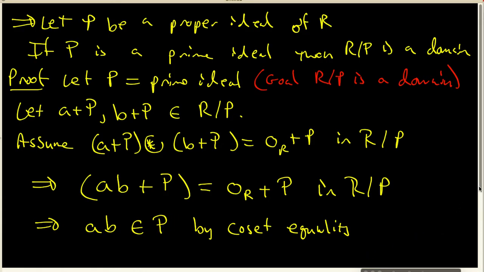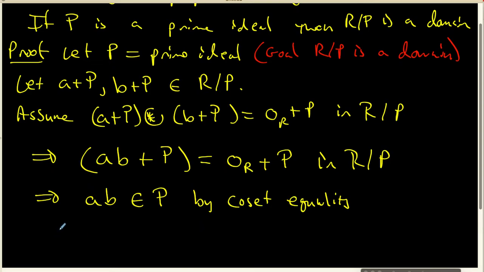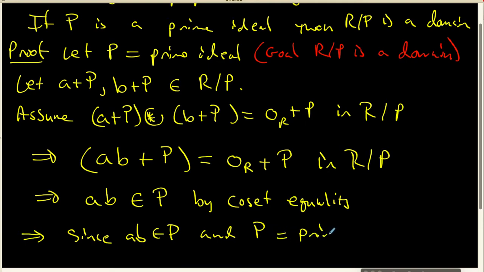So what do I now know? Well, now the fact that P is a prime ideal kicks in. Since AB is in P and P is a prime ideal, that means we know either A is inside P or B is inside P.